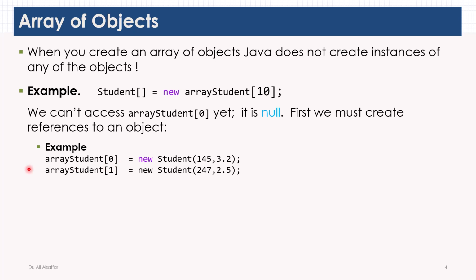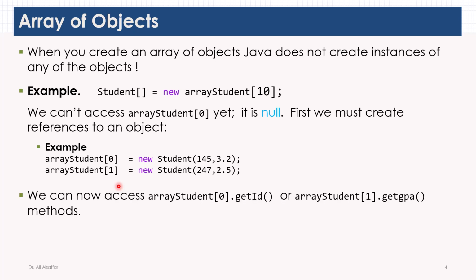In other words, we say that array student 0 is pointing to this object. In the second line, we are creating another object of a class student. This time the ID is 247 and GPA 2.5, and the reference created for this object is saved at array student 1.